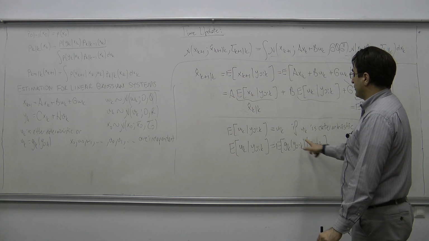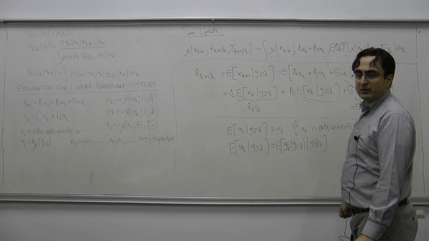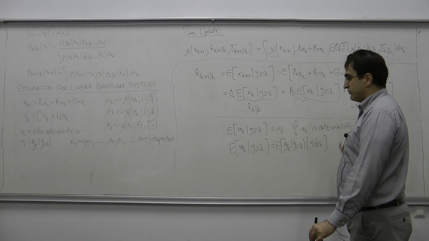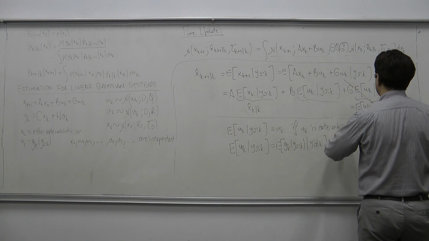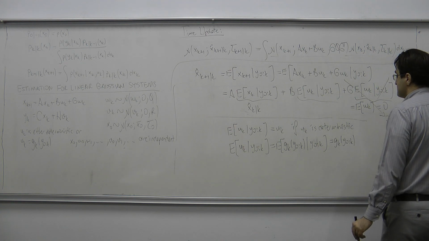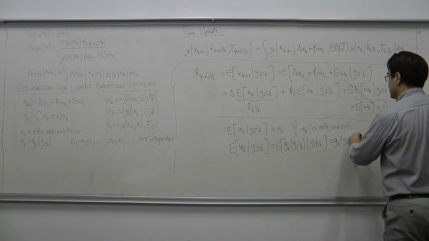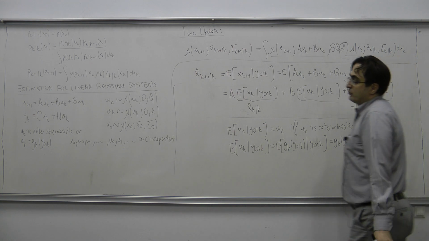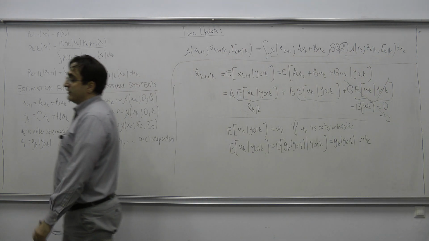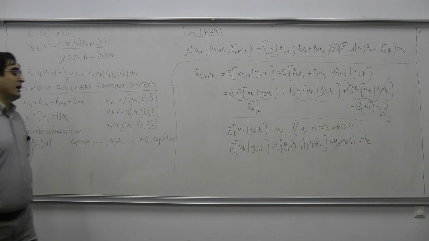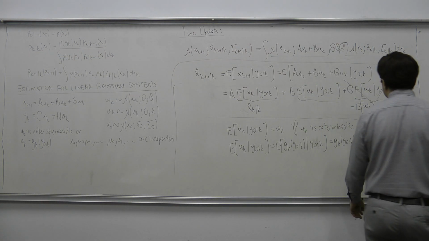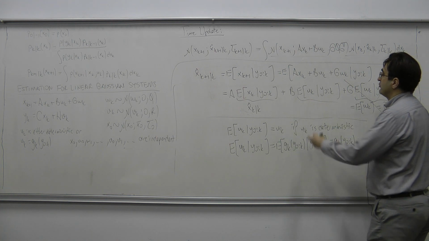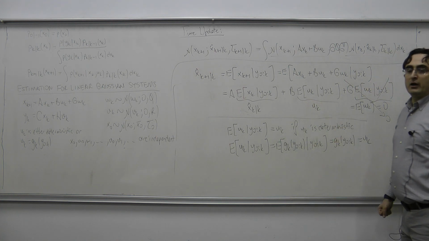But given y0k, this thing is again deterministic, so it would get out directly of the expectation. It is gk of y0k, but this is uk. So really it doesn't matter. Whether we apply open loop control or closed loop control, this expectation is always uk.